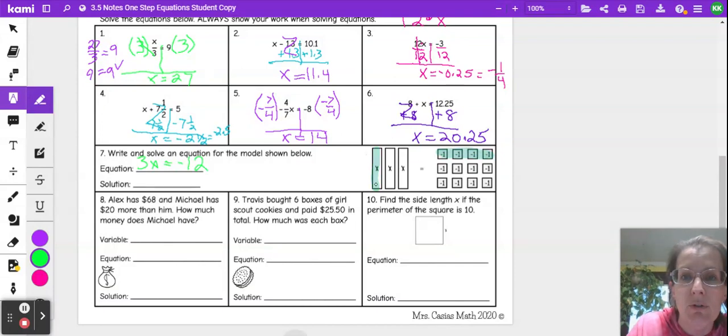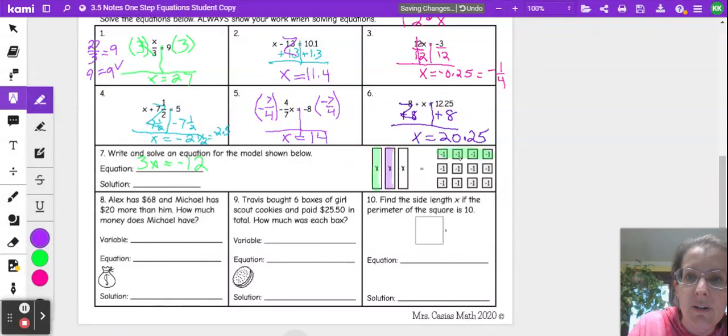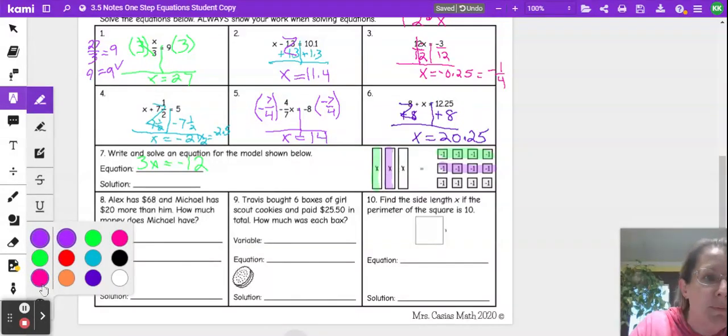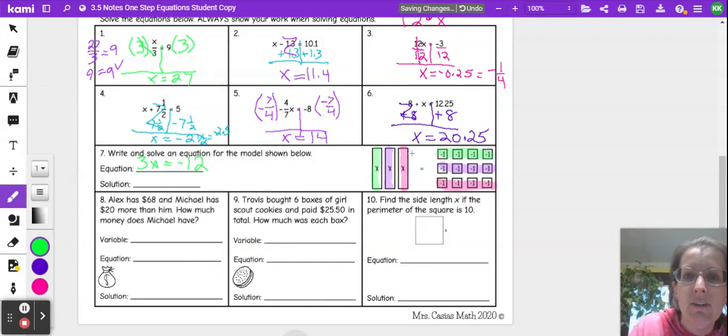If I cut them into 3 groups, there's one group, and then here's another x, there's my other group, and then my last x, there's my third group. So I know that each x is worth 4 negatives. So my solution, my answer would be x equals negative 4. And if we were to divide, negative 12 divided by 3 is negative 4.